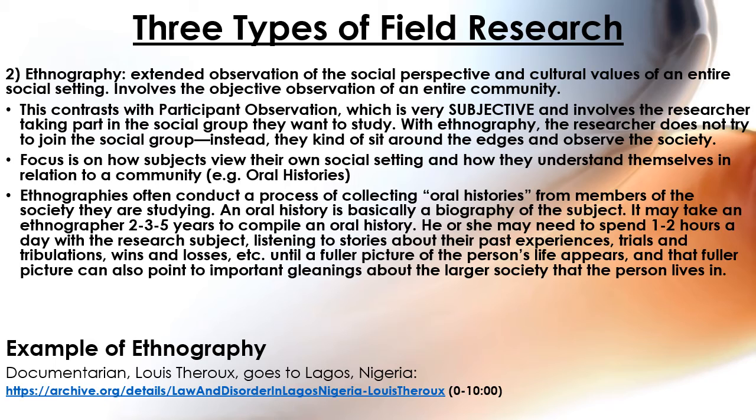With ethnography, the researcher does not try to join the social group. Instead, they sit around the edges and observe the society. The focus here is to figure out how subjects view their own social setting and how they understand themselves in relationship to a community.